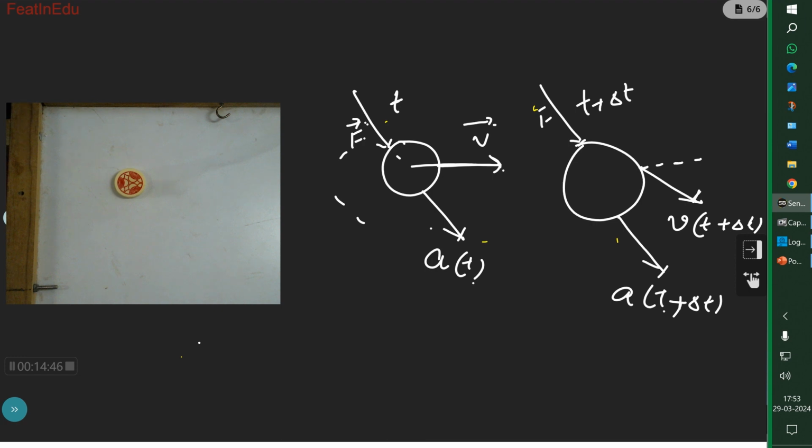Okay, so what is simple is the response. What is the response? Change in the velocity is the response. So the response cannot happen in zero time. The response will happen in finite time. That is what I want to tell. It will not happen instantaneously. It will take a very small amount of time, but not equal to 0.